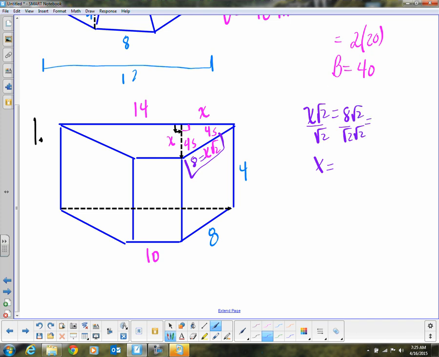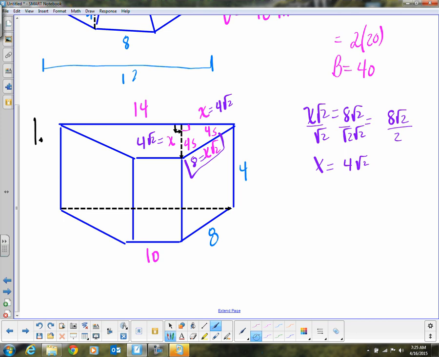So we're going to get 8 square root of 2 over what? Square root of 4, which is 2. And how does that simplify? Right, because 2 divides 8. So this is 4 square root of 2, and this is 4 square root of 2.